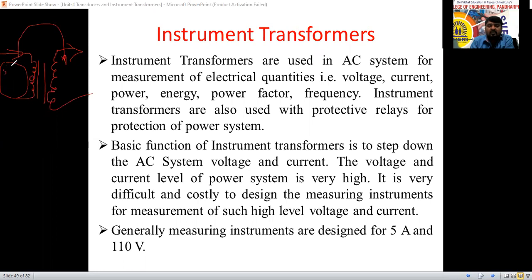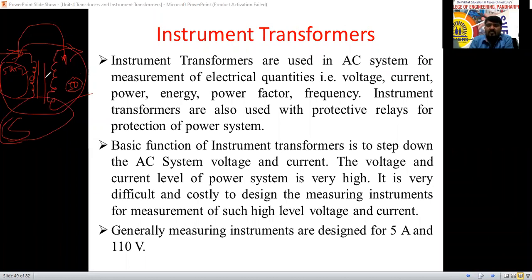For the same 50 hertz, it induces EMF in the secondary winding, at the same frequency as the supply. If the voltage level is increased, we call it a step up transformer. If it is decreased, we call it a step down transformer.